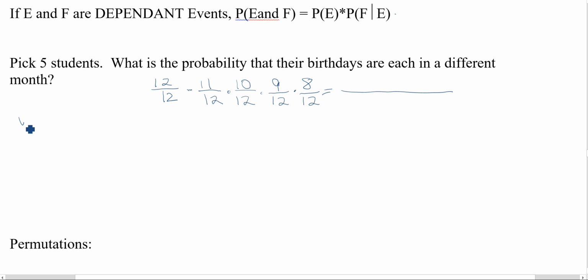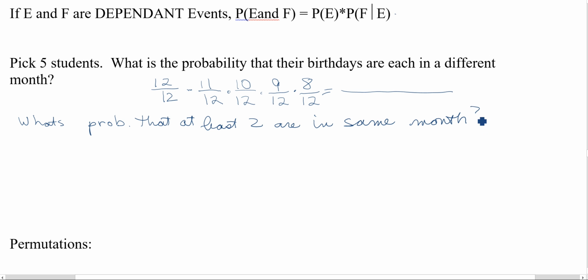Now, instead, if I ask, what's the probability that at least 2 are in the same month, well, then we could have 2 in the same month, or 3 in the same month, or 4 in the same month.